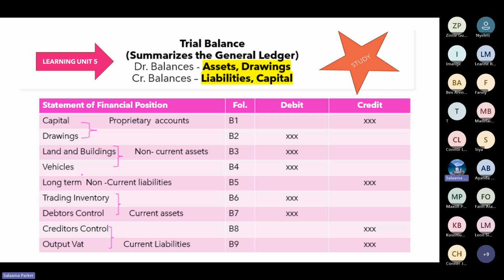We did this in the previous masterclass also. Very, very important for your upcoming exams is to know the layout of your trial balance. Okay. Trial balance summarizes the general ledger.